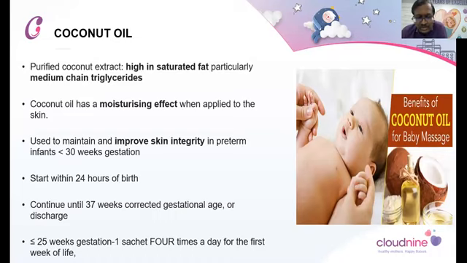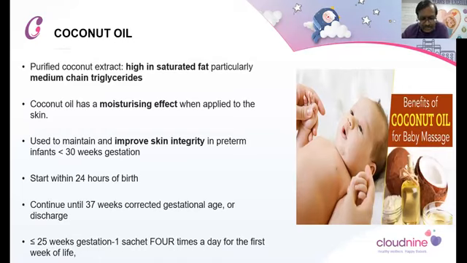So it has got a very good moisturizing effect. We all know it improves skin integrity. And you can start coconut oil even soon after 24 hours if a baby is stable. And we can continue the oil until discharge or 37 weeks corrected.